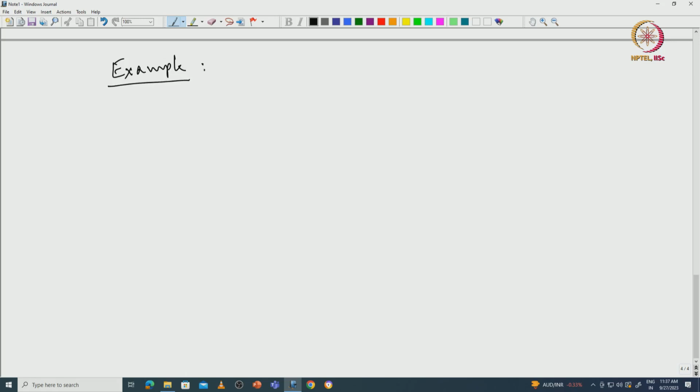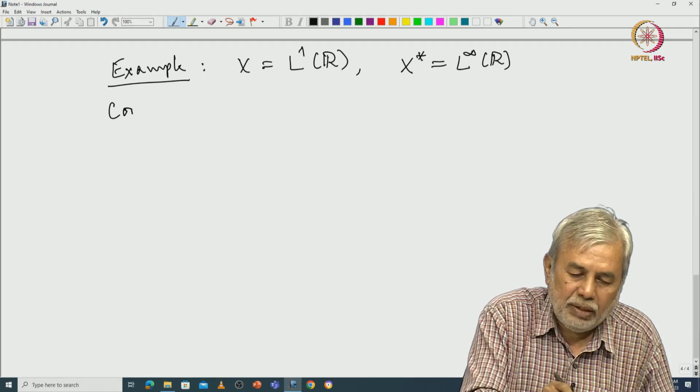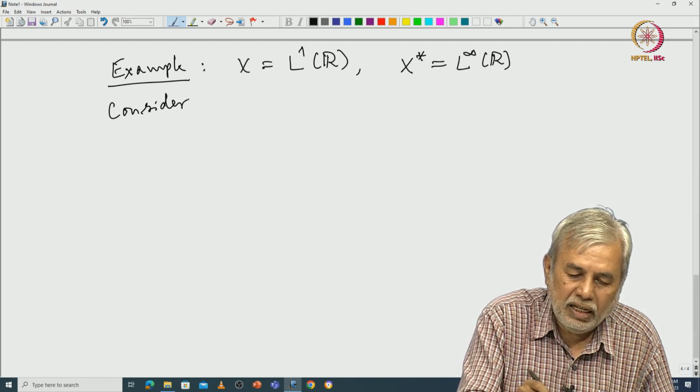Okay, so now you consider this x, L1 R. So this is not a reflexive Banach space. So we identify its dual with L infinity R, and consider this semigroup of left translations.